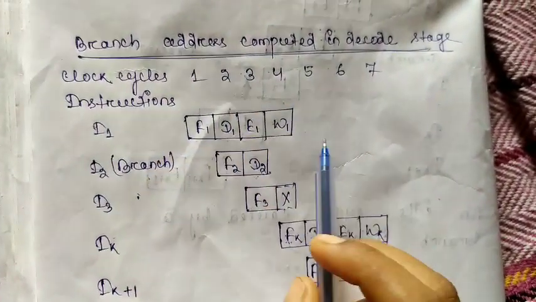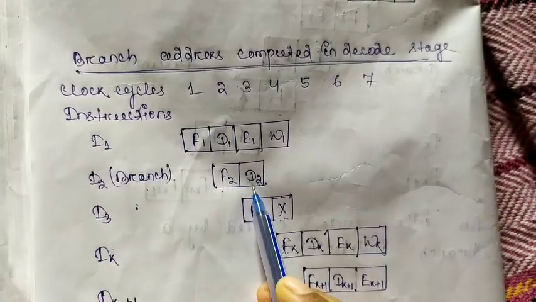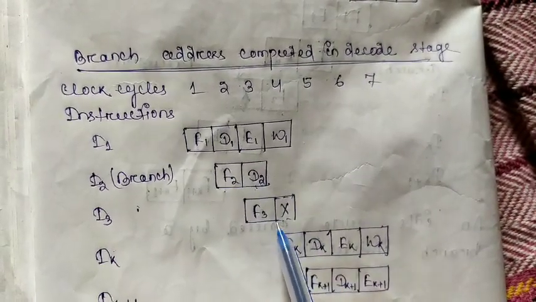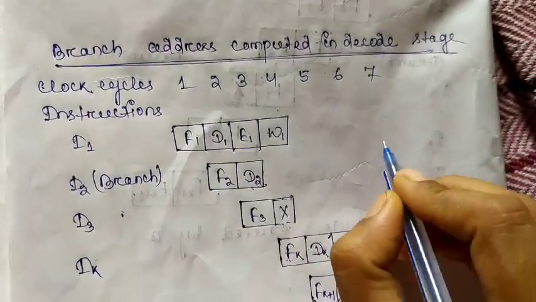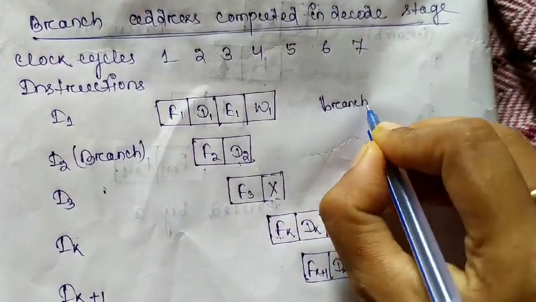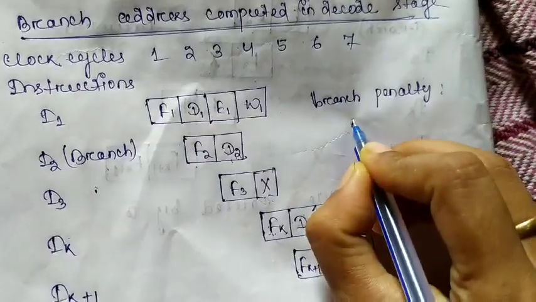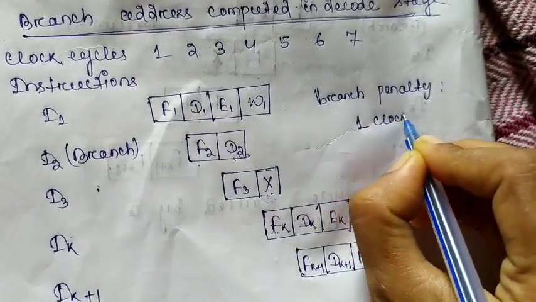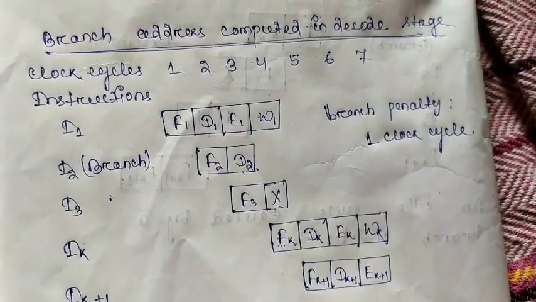So if we can compute the target address in the decode stage, then the branch penalty reduces to 1 clock cycle.